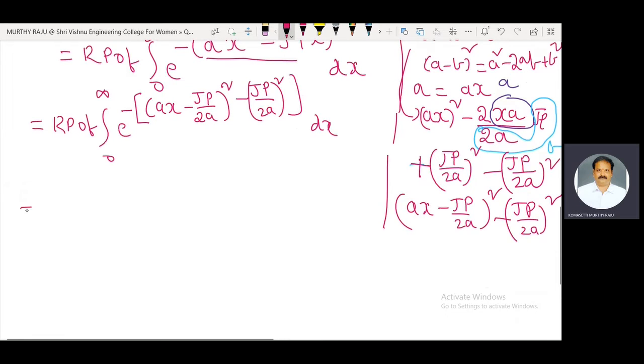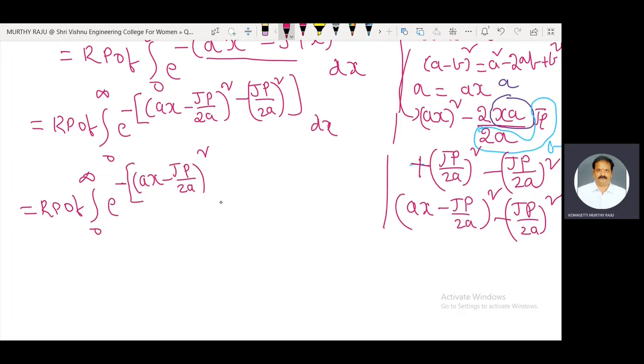Here minus into minus is plus, e power jp by 2a whole square dx. That is the real part of 0 to infinity e power minus ax minus jp by 2a whole square.